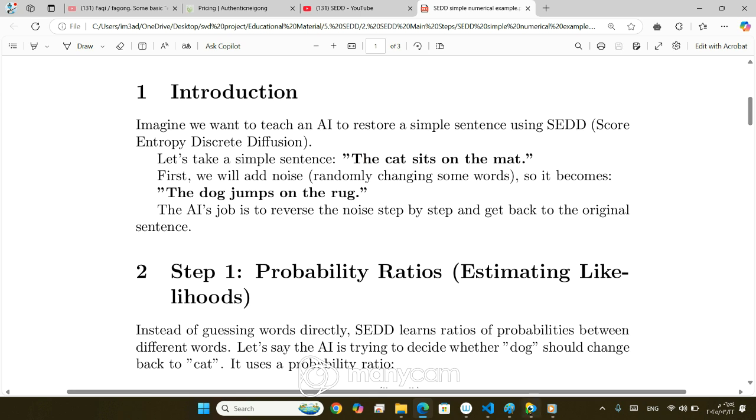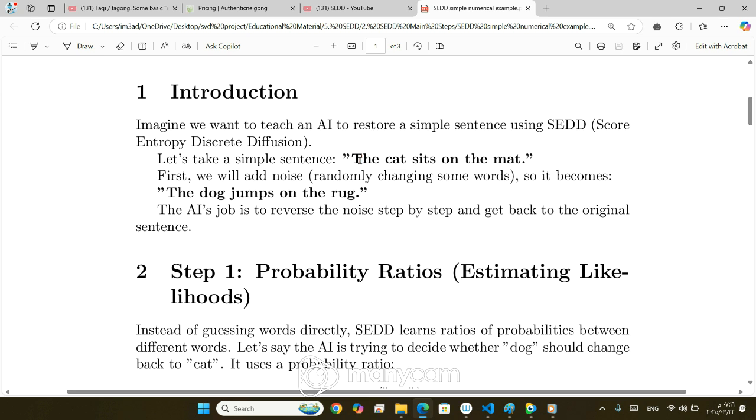Alright, so why don't we predict the ratios between the probabilities of the vocabulary at a certain spot? So instead of predicting the probability of each of the vocabulary at a certain spot, why don't we predict the ratios between those probabilities? So why don't we say the ratio between the first word and the second word is something. The ratio between the first word and the third word is something.